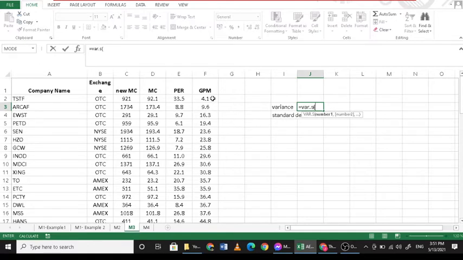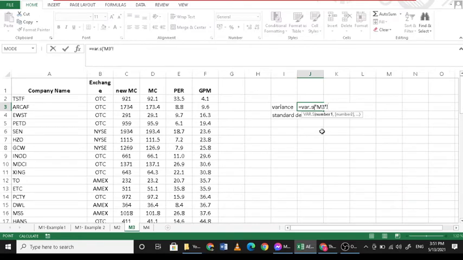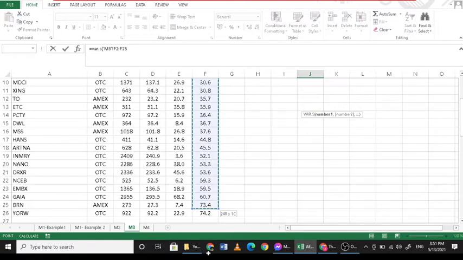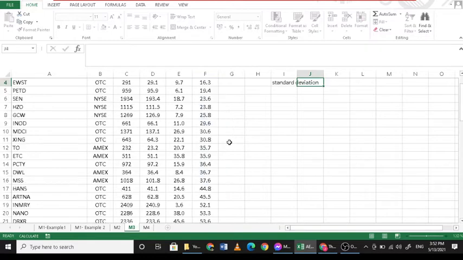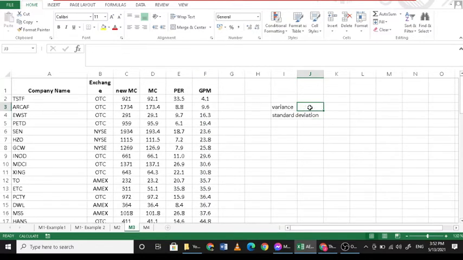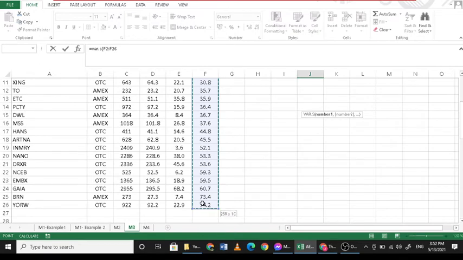As stated earlier, we use the gross profit margin, GPM. So VAR.S, then you select your gross profit margin, then equal.